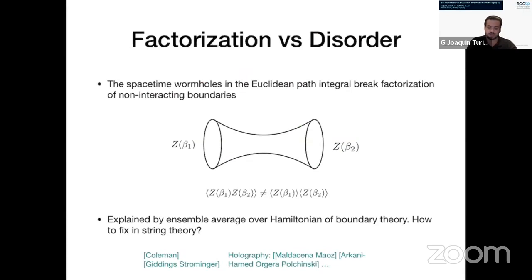Well, a quick comment here, but we talked about it yesterday, so I will be brief. But these Euclidean wormholes, so this is the Euclidean wormhole that is the leading one that is responsible for the lack of factorization that can be explained by an ensemble average. And this has been studied over the years, especially in these two papers. And the idea of Euclidean wormholes introducing randomness of coupling constants was even observed before by Coleman, Giddings, and Strominger in the 80s.